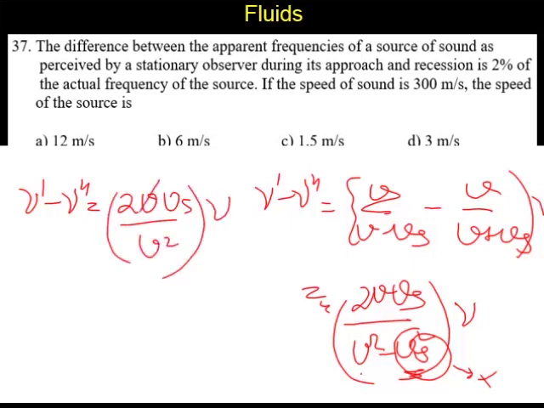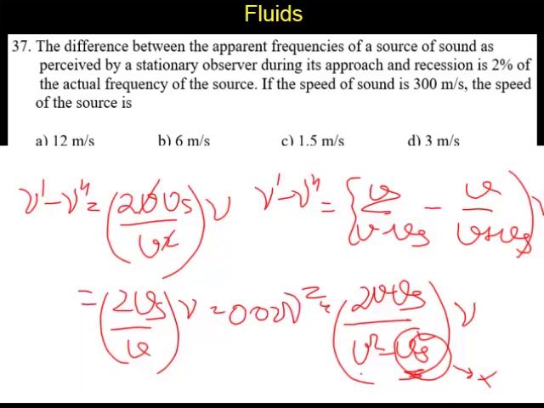So V will get cancelled, so it is 2 Vs by V into nu. But this is given as 2% of the actual frequency, so 2% of frequency is 0.02 nu.